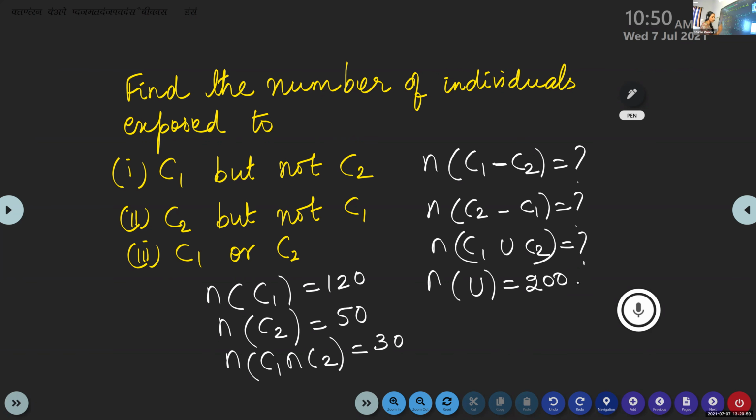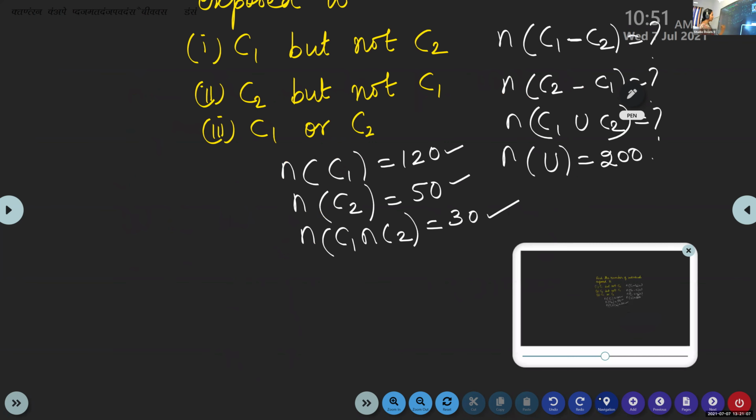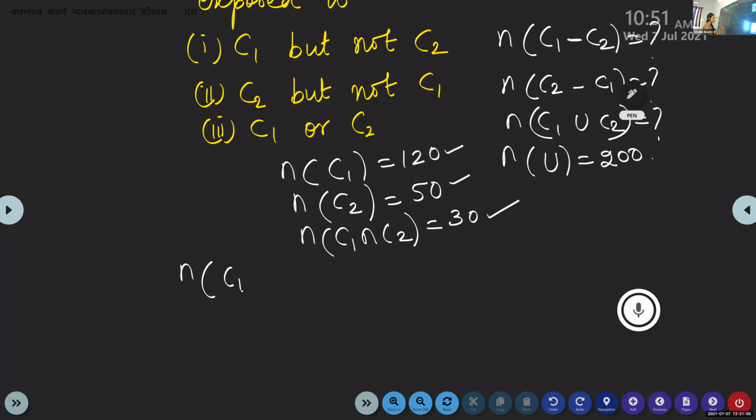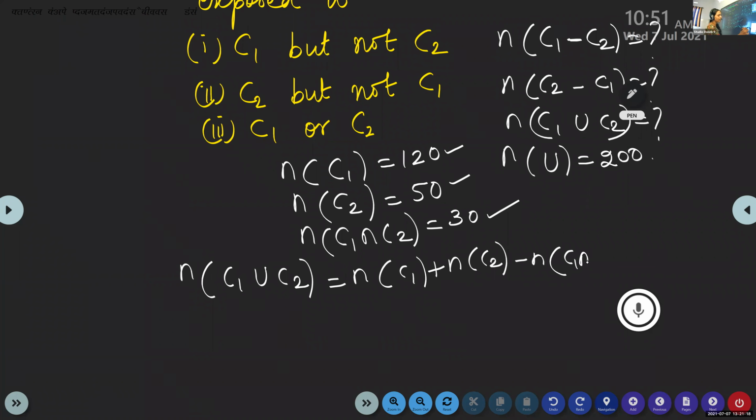C1 is given, C2 is given, C1 intersection C2 is given. N of C1 union C2 is equal to N of C1 plus N of C2 minus N of C1 intersection C2. Apply the values and find out.